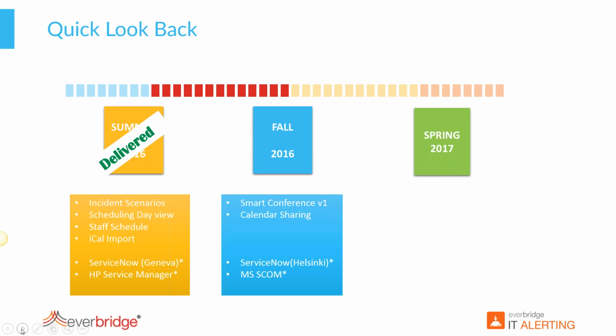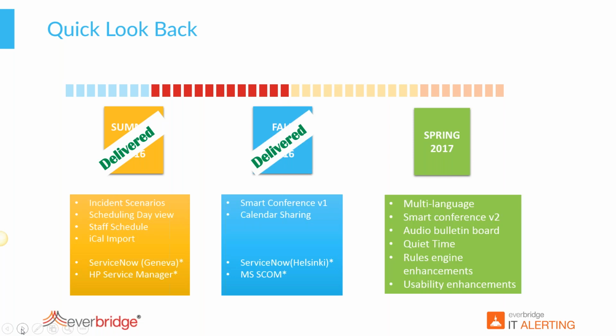Smart Conference gives you the ability to invite attendees to a conference bridge without the need for entering a specific code. So it's a pinless, one-click access to a conference bridge wherever your attendees are located. And we also offered calendar sharing in the fall release.